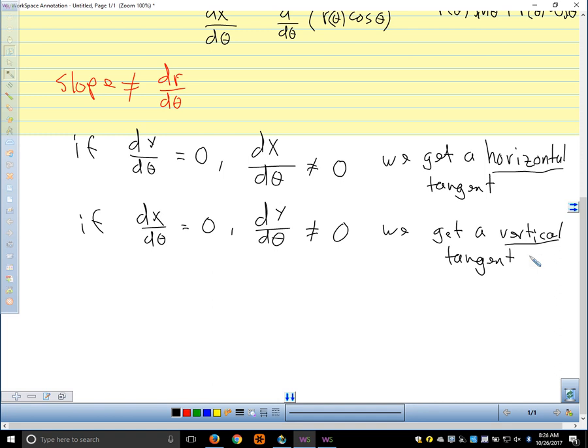And with polar graphs, those can happen at multiple points. We can have multiple vertical and horizontal tangents on a polar graph. In fact, usually we have multiple vertical and horizontal tangents on a polar graph.